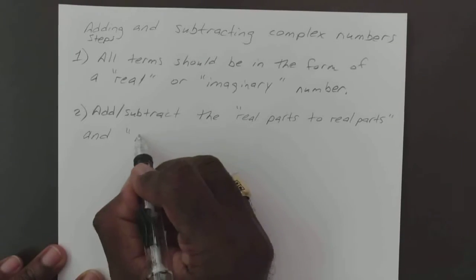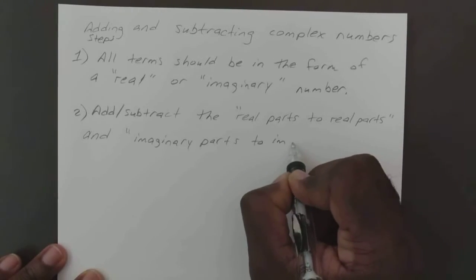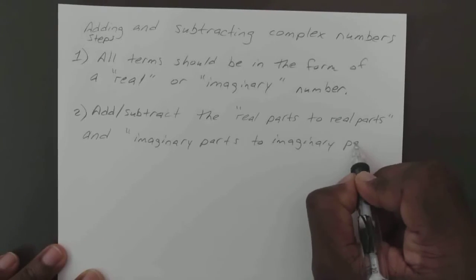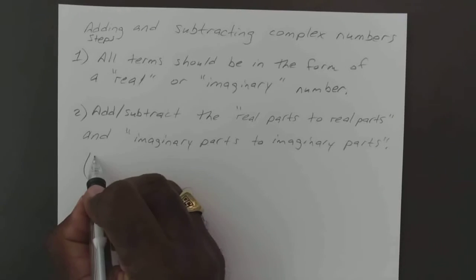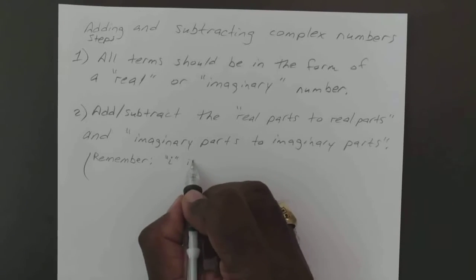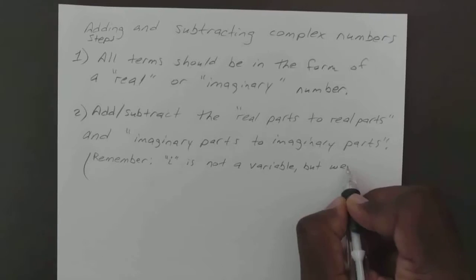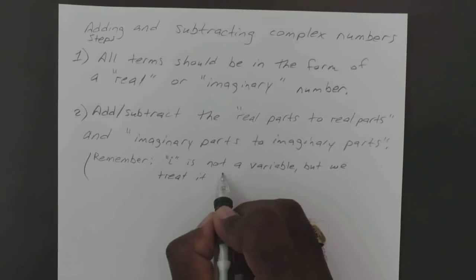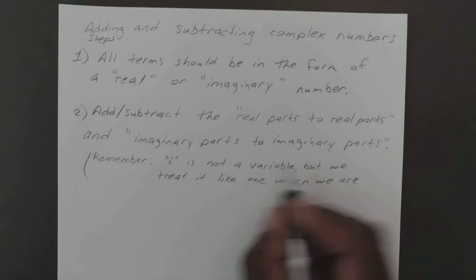Now, I remind you that i is not a variable, it's an actual number, but we treat it like a variable when we're adding and subtracting.